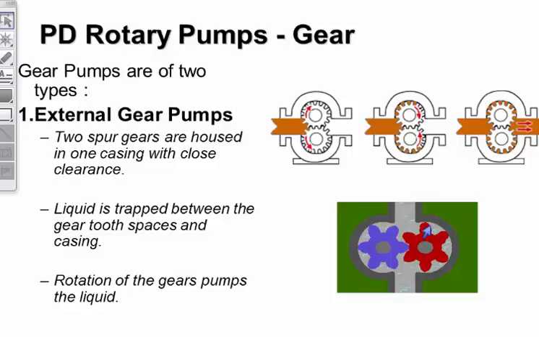Similarly, this one spins in the opposite direction. This one spins clockwise, this one spins anti-clockwise. But they both carry pockets of fluid from the bottom here, from the inlet port, around up through the outlet port, the discharge.